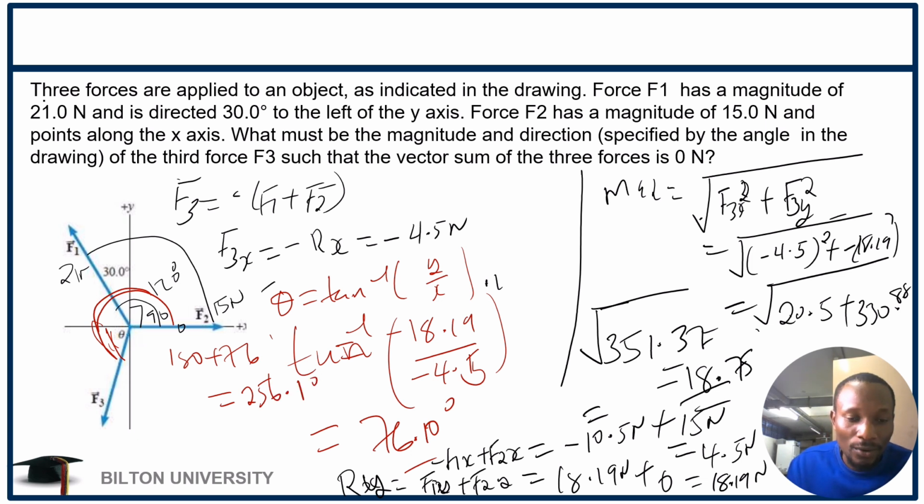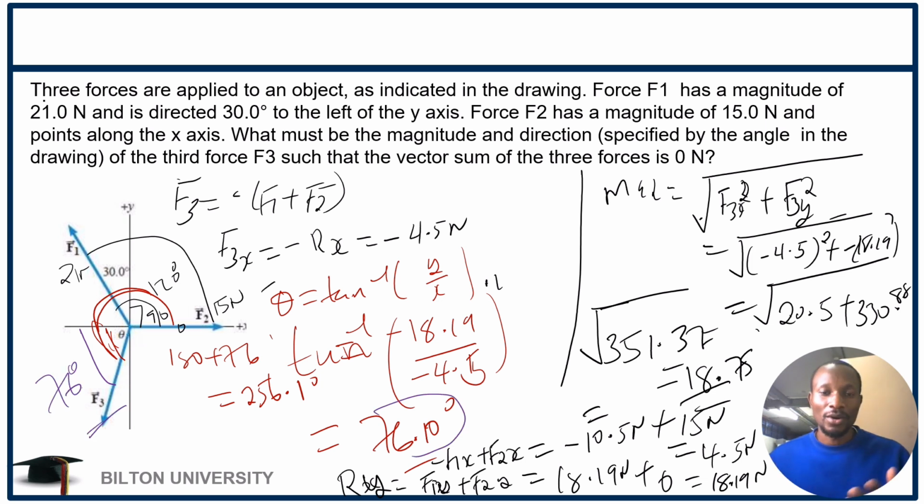However, the angle theta that you are told to calculate is this one here, 76 degrees. So that's how you approach such questions and solve them. I hope this tutorial helps you in preparation for your test and the exam in the future.